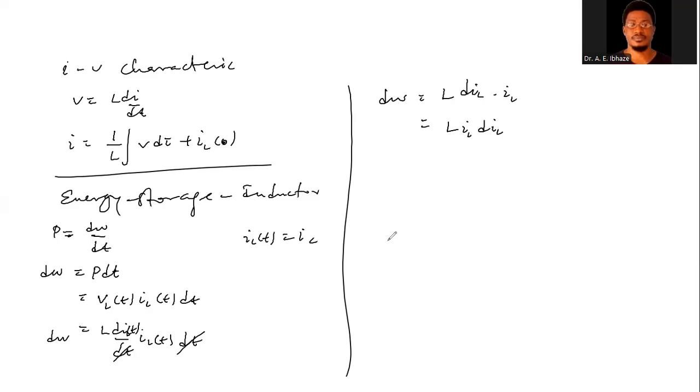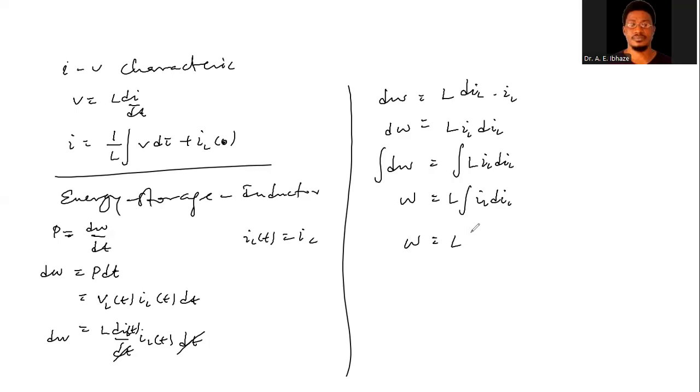Okay. So now that we have this, we can integrate both sides. We integrate this, that will give us the energy, right?